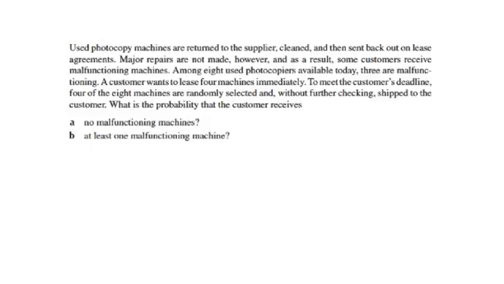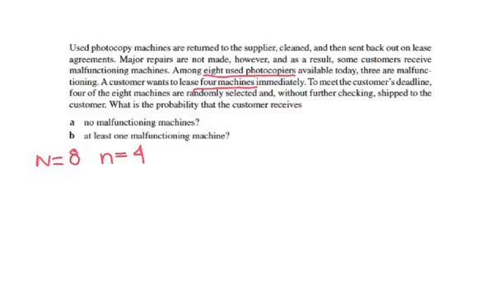So again, you should look for the 3 characteristics. Capital N, so this is the total number of elements. This would be 8 used photocopiers. That's capital N. And then you look for the sample, how many you select. So you select 4 machines out of the 8 machines, so this is 4.